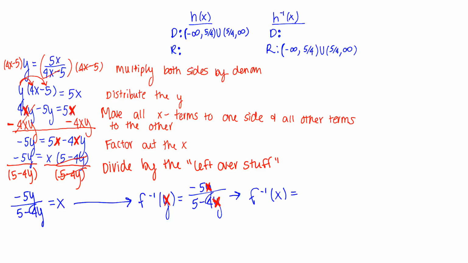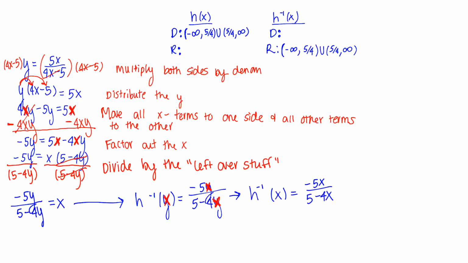It's h. So h inverse of x is equal to negative 5x over 5 minus 4x.